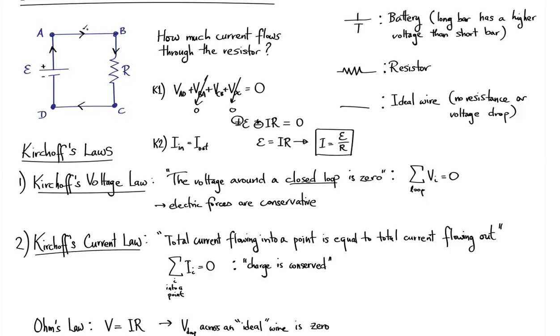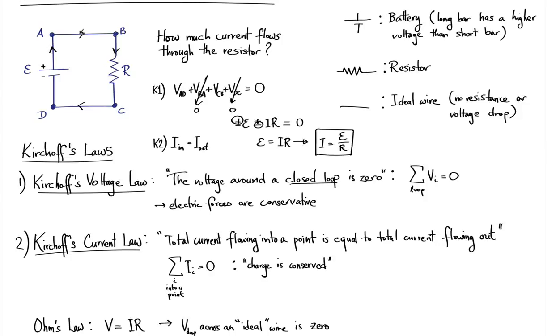So you'll notice one thing I did when I was solving this problem. I just said, well, why don't we define the current to be going in this clockwise direction? What if I made a wrong guess, right? What if I actually said, maybe we should have it moving in a counterclockwise direction instead? It turns out that's fine too.